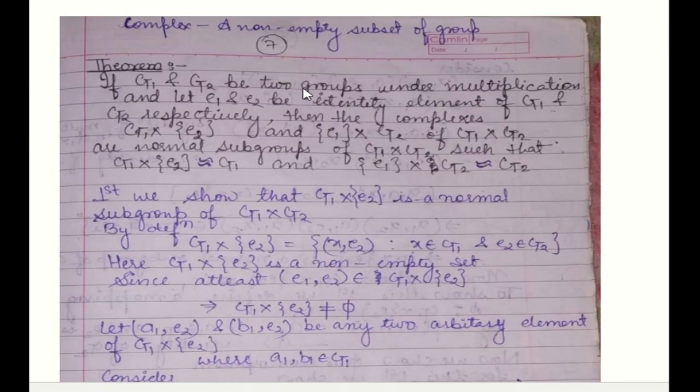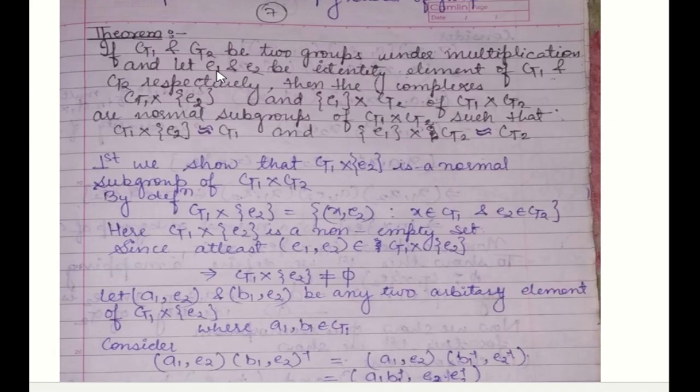Now we are going to discuss one more theorem which is very important, which says that if G1 and G2 are two groups under multiplication and E1, E2 are the identity elements of G1 and G2 respectively, then the complexes G1 cross E2 and E1 cross G2 are normal subgroups of G1 cross G2, and such that G1 cross E2 is isomorphic to G1 and E1 cross G2 is isomorphic to G2.